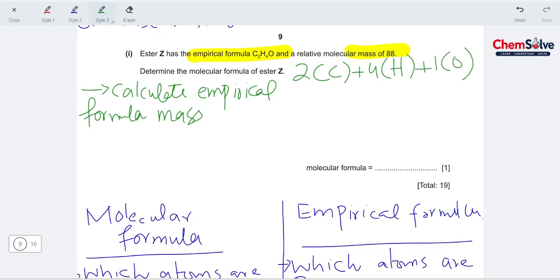And we all know that carbon has the molar mass 12, hydrogen has the molar mass 1, and oxygen has the molar mass 16. So this is 24, this is 4 and this is 16. Let's calculate it. It is 44. This is the first step.